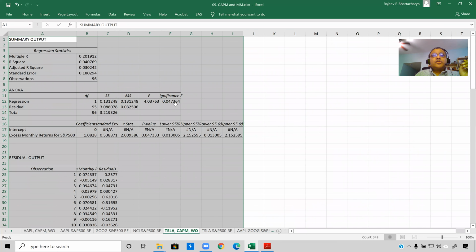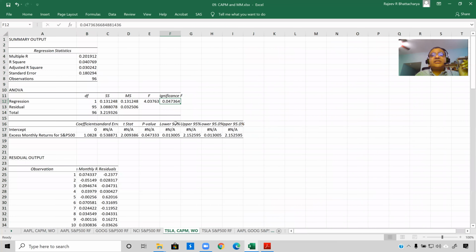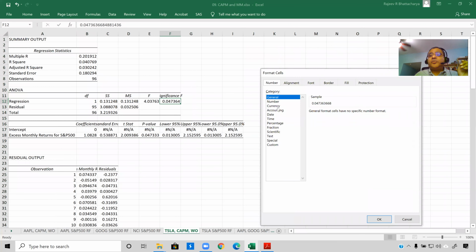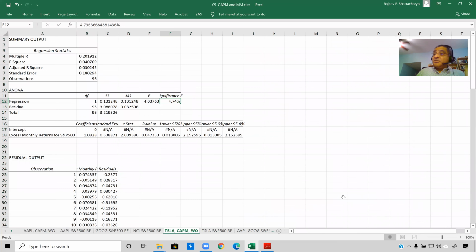All right. So what is the significance in this case? Earlier, the p-value was about 0%. Now it is 4.74%. Still less than 5, just less than 5. So it is significant at 5%, not significant at 1%. But hey, 5% is a very good number. We'll take that. What if this significance had been lower than that?